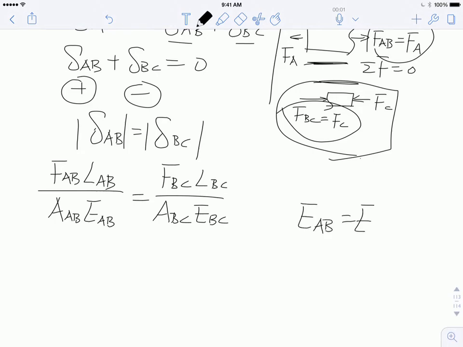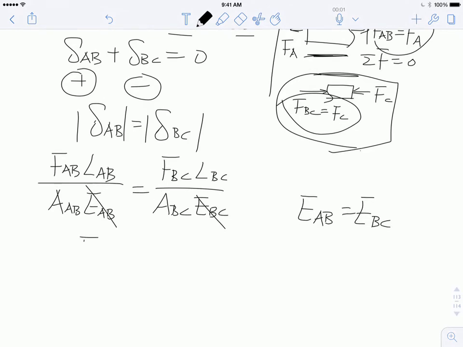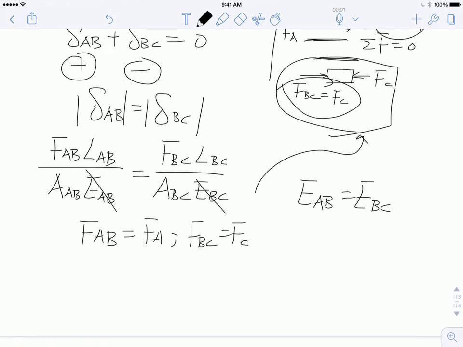AB and BC are the same material, so the Young's modulus is the same and they just cancel each other. One less parameter to deal with. Plugging in the other unknowns, we know FAB is equal to FA, and FBC is equal to FC.